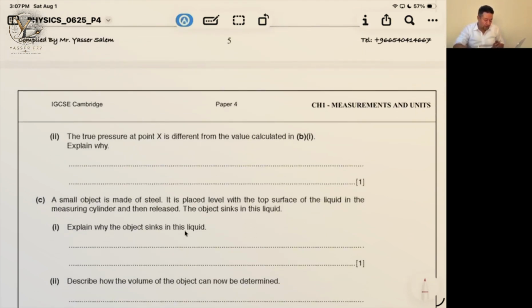The true pressure at point X is different from the value calculated in part b. Explain why.